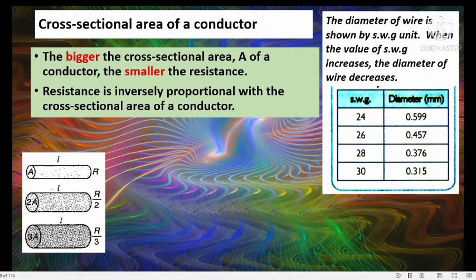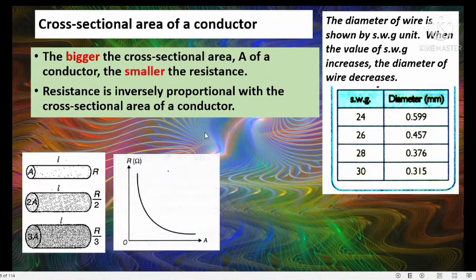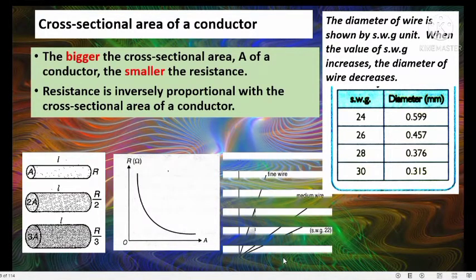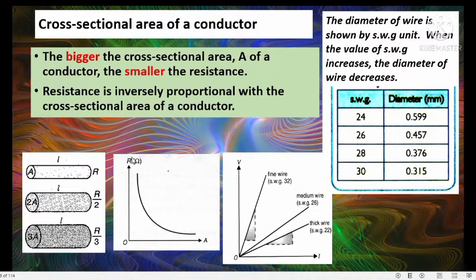If the thickness is double, resistance is half, and so on. When you look at this graph, R is inversely proportional to cross-sectional area. If we plot a graph of R against 1 over A, we get R directly proportional to the reciprocal of A, meaning 1 over A.